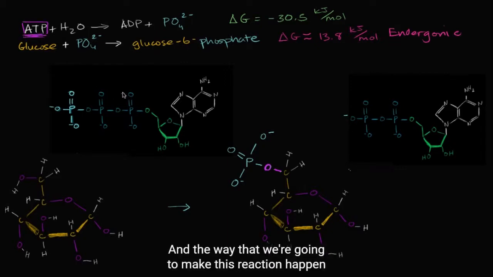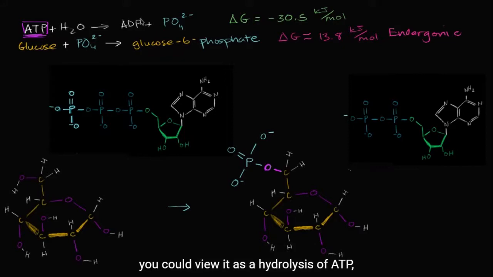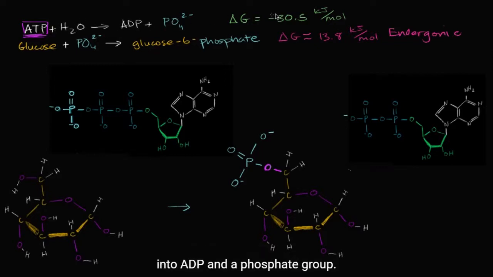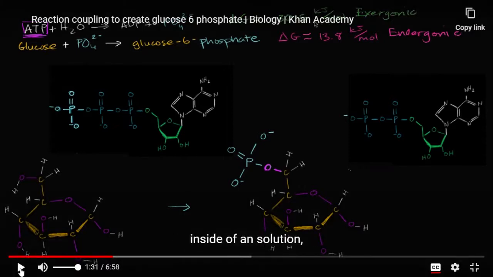And the way that we're going to make this reaction happen is we're going to couple it to the hydrolysis of ATP. Exactly why the mechanism is what it is, but what's functionally the hydrolysis of ATP into ADP and phosphate, which is very energetic. It is exergonic. It would happen spontaneously under the right conditions. It won't just always happen inside of an aqueous solution.